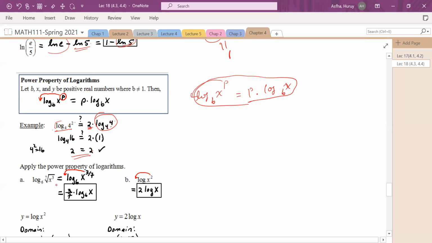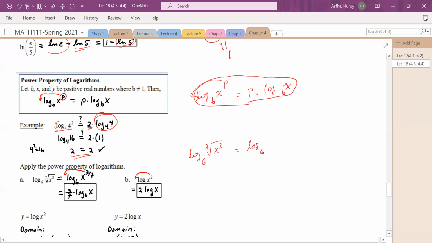Now let's check this one. We have log base 6 of the 7th root of x cubed. Okay. So what is this? First, let's rewrite this one.